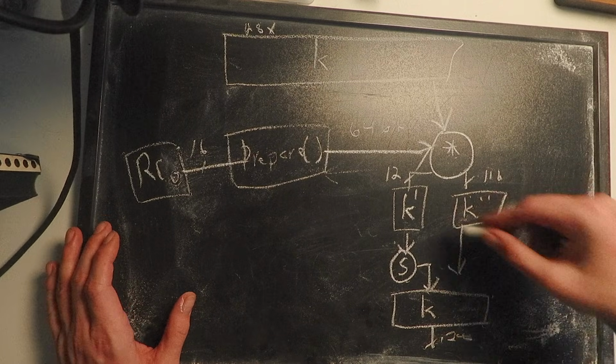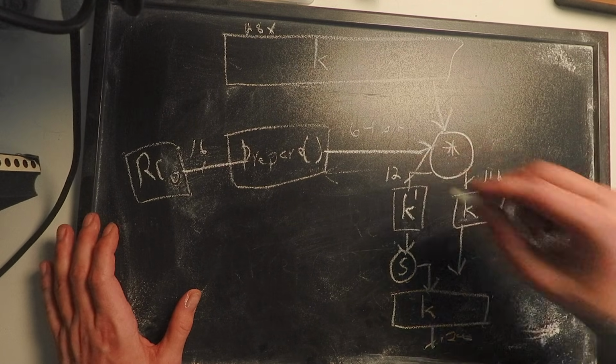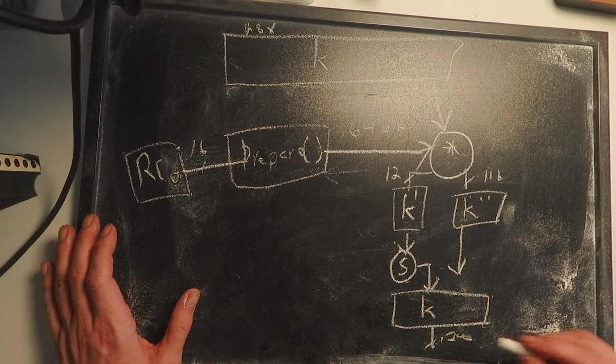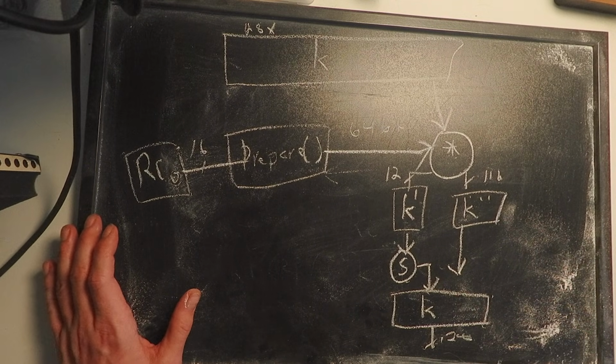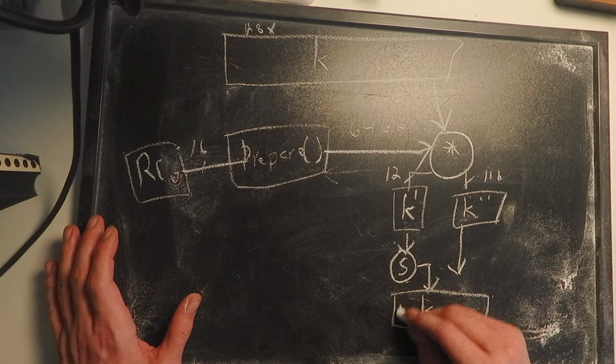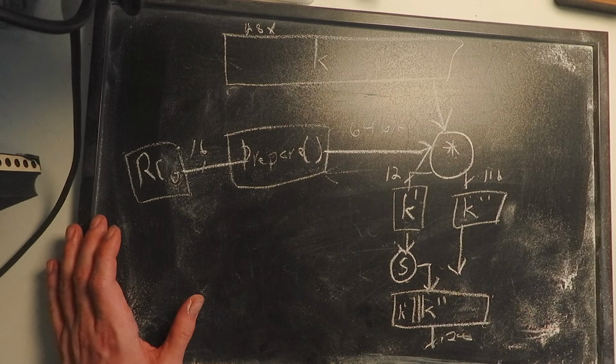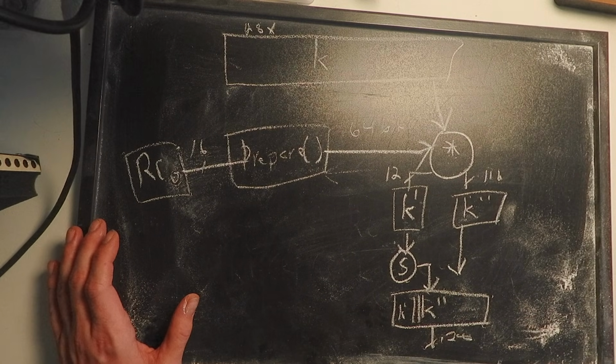So the only thing we do here is we chop off the first 12 bits, we push it through the S box, replacing it, and we put it back together again. So this right here is just K prime appended to K double prime. And this is the output of the F function.